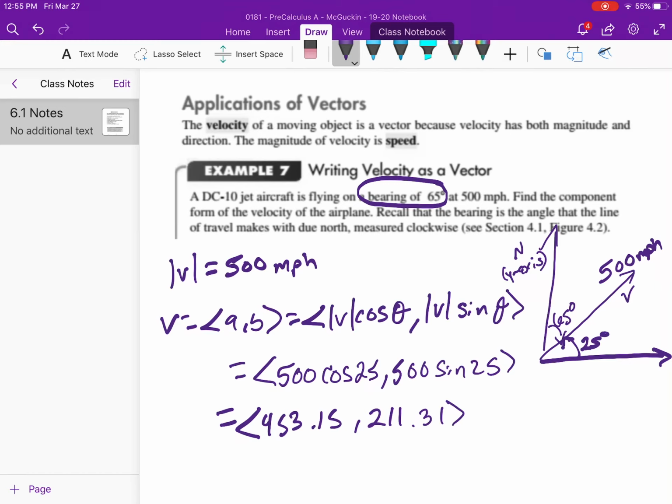If you're going 453 miles per hour in an eastward direction and 211 miles per hour in a northward direction, what you end up with is a 500 mile per hour northeastern direction with a bearing specifically at 65 degrees east of north.